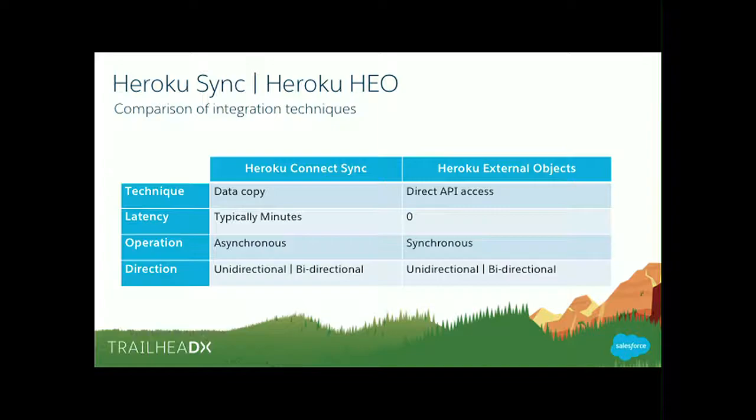So there is some latency there, and that's why we talk about it being asynchronous or eventually consistent. It does take time to actually move the data over and the processing of the changes and such. Both techniques, again, we say that they support unidirectional or bidirectional. Another way to think about that is you can read the data and you have the option to write back using either option.